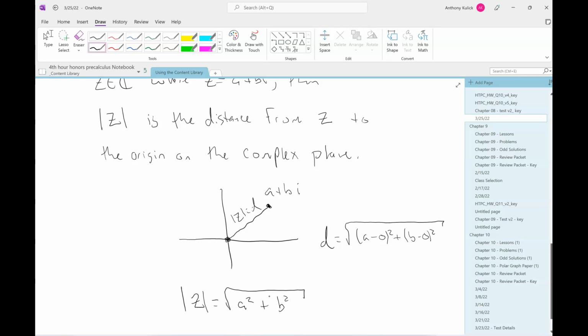The square root formula. We use the distance formula right here to get it. So sure, it does look like the distance formula. Absolutely. How about something we've just been doing?